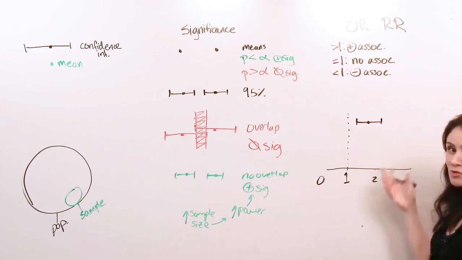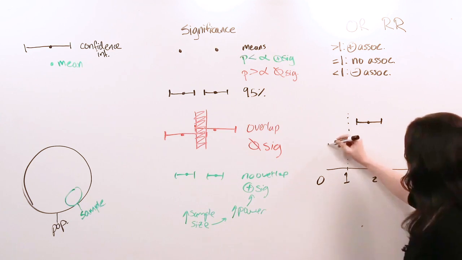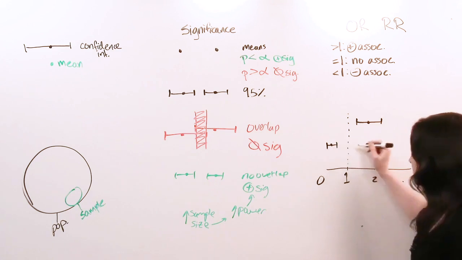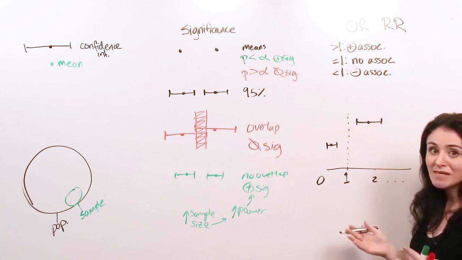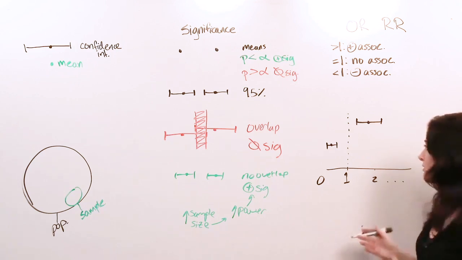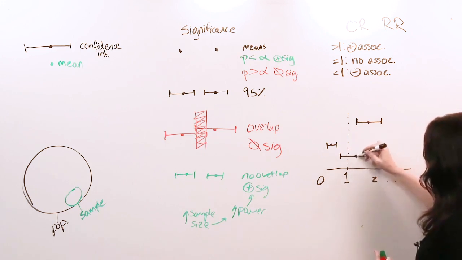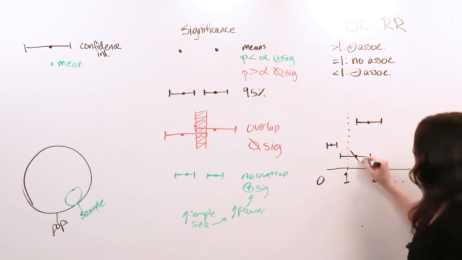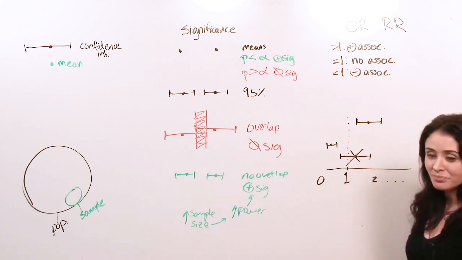You still have an association between your risk factor and your outcome. If you have a confidence interval that is less than 1 but still doesn't cross 1, again, you're still in good shape. There still is an association between your risk factor and your outcome. If instead you have a confidence interval that does cross 1, you're in bad shape. There is no association between your risk factor and your outcome.